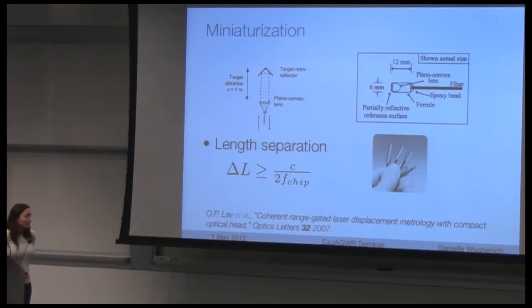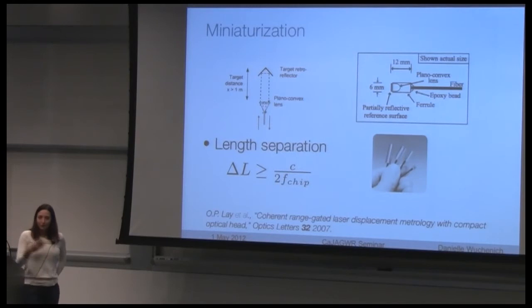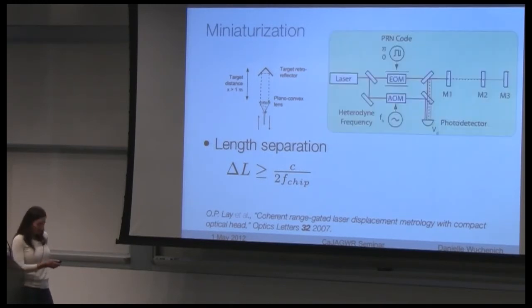One thing that we should talk about too is the length separation. Depending on how quickly you modulate will tell you how far apart these two have to be. Another way of thinking about this is how far the light has traveled before you apply the next chip in the PRN code. If you are doing something in reflection, if you remember back to this experiment, the distance between these two will be related to how quickly we're applying the PRN modulation.